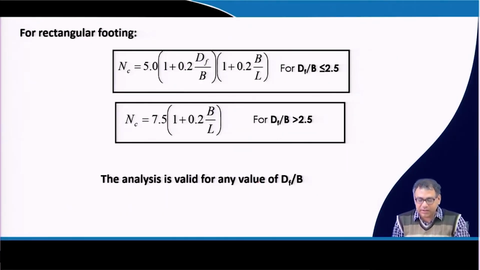And for the rectangular footing, the first expression is valid if D_f is less than or equal to 2.5 times B, and the second expression is valid if D_f is greater than 2.5 times the width of the foundation. So, this is the expression for the rectangular footing, but remember that this is applicable only for clay soil.